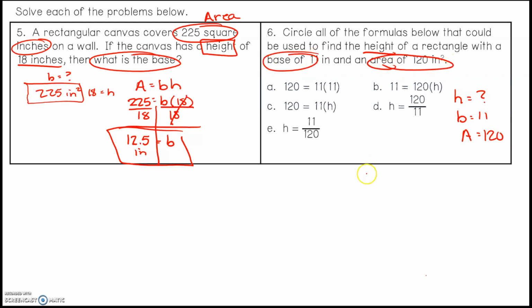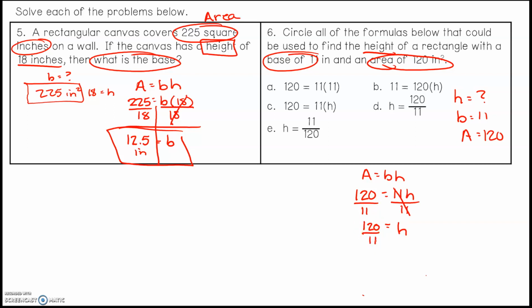Using our formula, area equals the base times the height, I would take the A out, put the 120 in its place, take the B out, put the 11 in its place, and then put the H. We're multiplying here, so to undo that, we're going to divide. This goes to a 1H on this side, and 120 divided by 11 puts us here, 120 over 11.